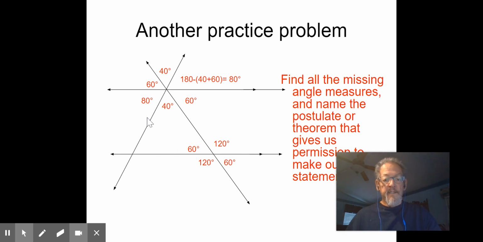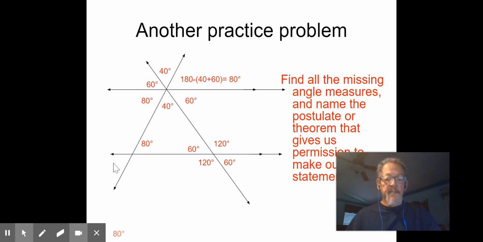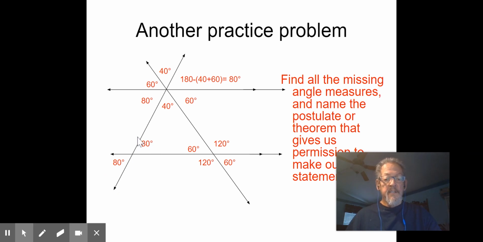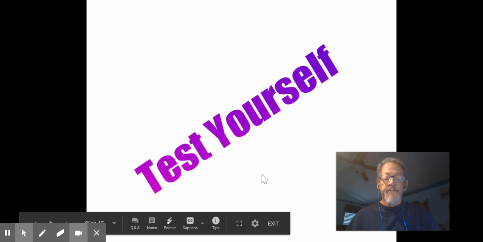So that means this one here, alternate interior, would have to be 80. So the vertical angle will have to be 80. These are congruent or supplementary. So they both have to be 100. That's it.